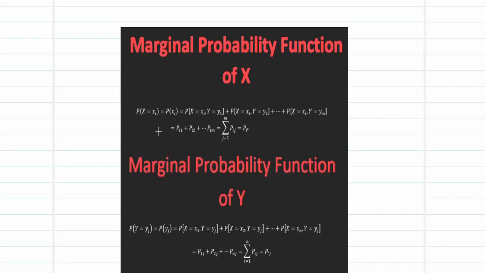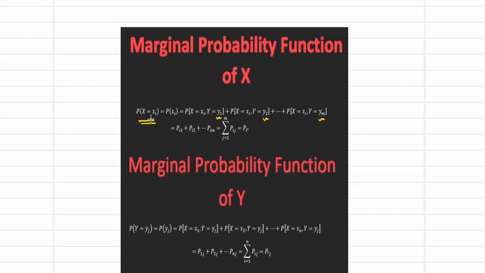So in which case, where you keep your x fixed, and consider just the variation in y1, y2, y3 up to yn, then such a probability is called the marginal probability function of x. So which is fixed here?